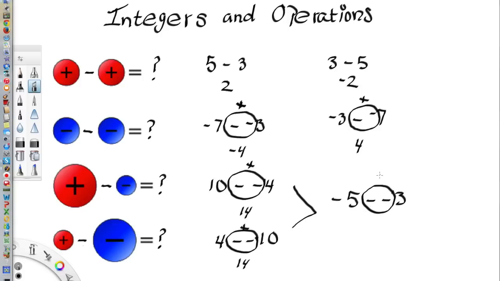So it's a negative 5 plus 3, which would leave me with a negative 2. You might also have, let's say, a negative 3 minus a negative 5. Again, double negative, the only way you can subtract a negative is by adding. So it would be a negative 3 plus 5, which would give me a positive 2.